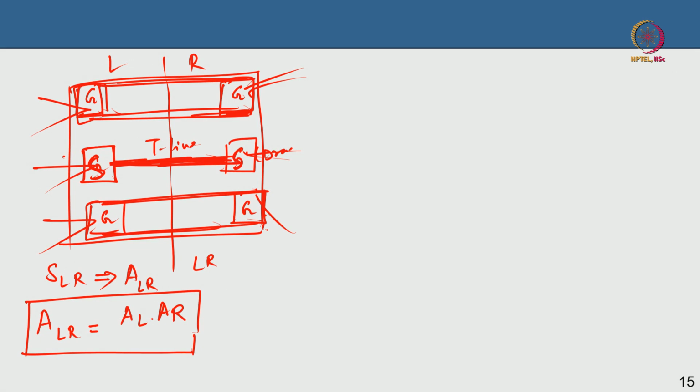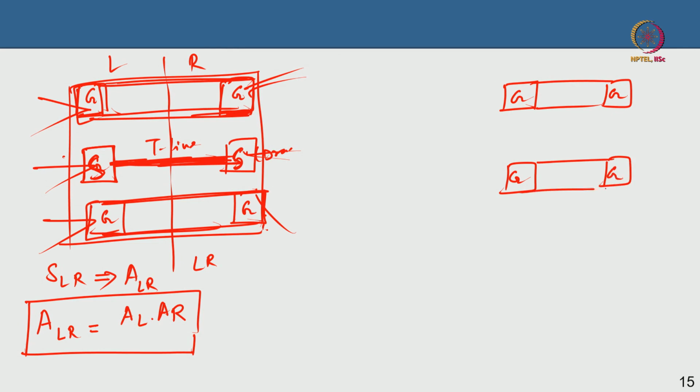The second de-embedding structure, I use the same thing. So I have a ground here, again I have a ground here, and I use a through line again connecting the signal to the signal. So this is drain and this is gate, of course.